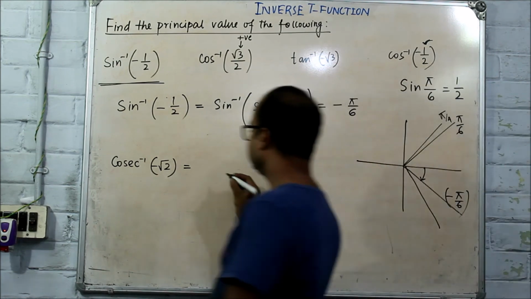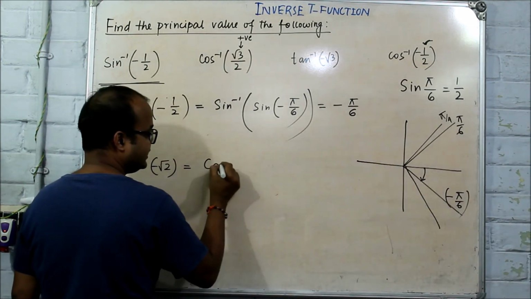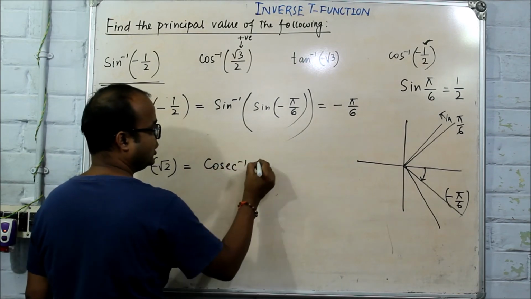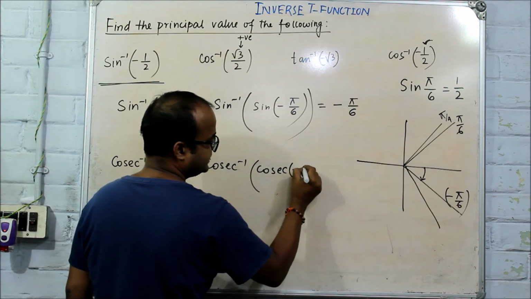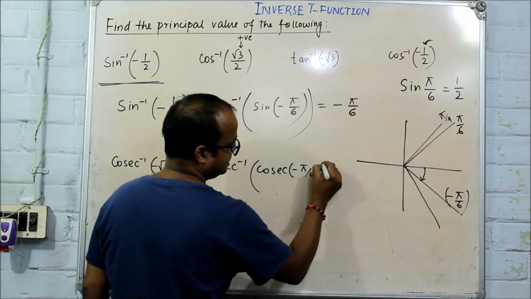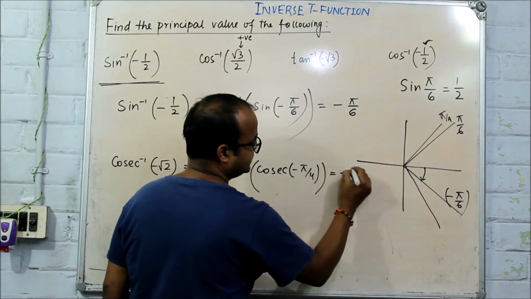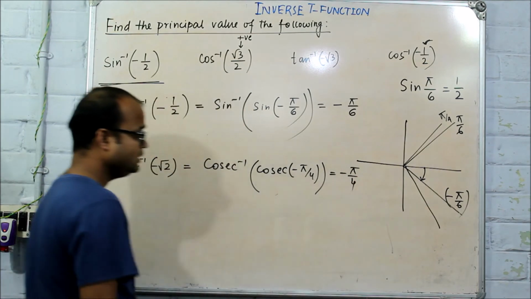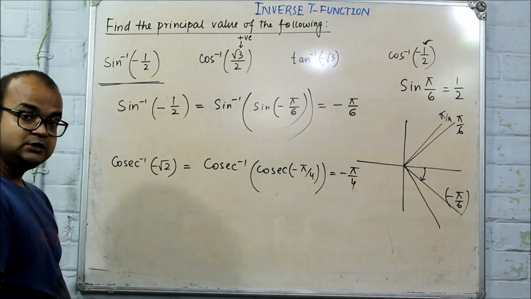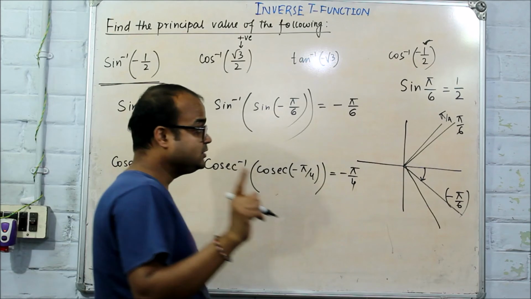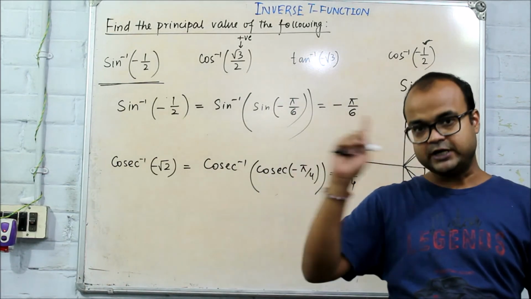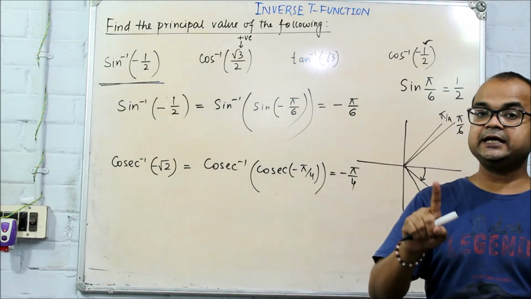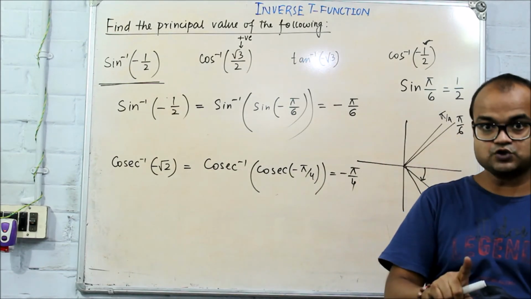So we write cosec inverse of cosec of minus pi by 4, which is equal to minus pi by 4. Clear? So your rule is: first look at the magnitude, forget about the sign, and find the angle in the first quadrant.